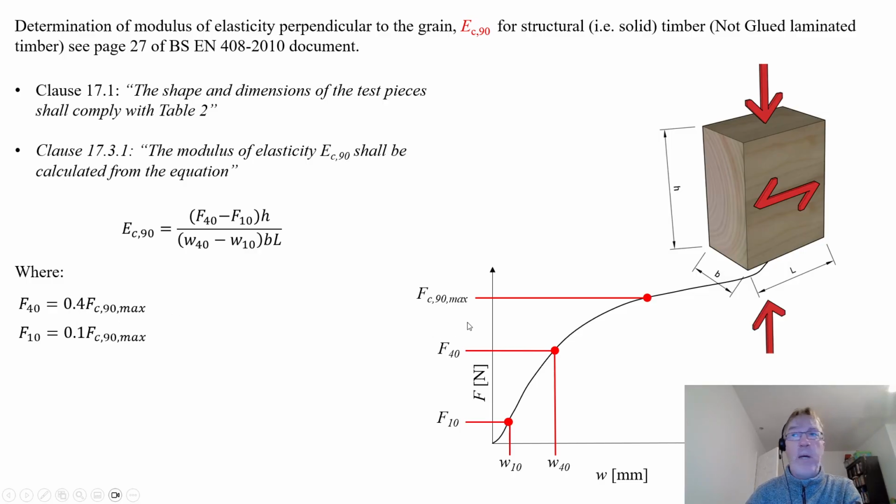Last week it was approximate; for this week, perpendicular to grain, it has to be 40 and 10%, not approximately but exactly.